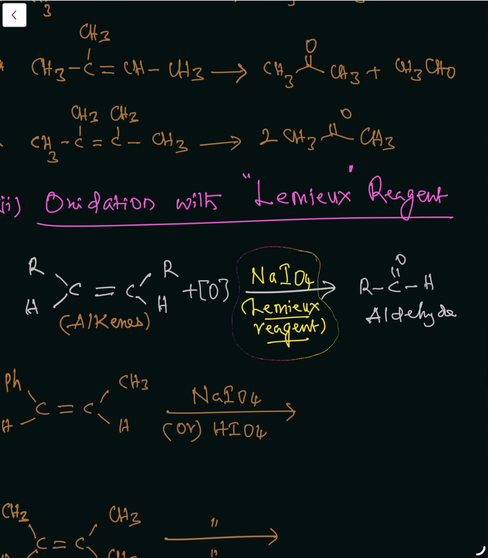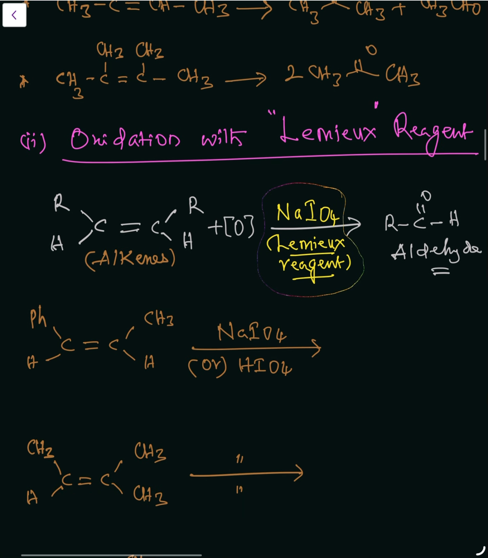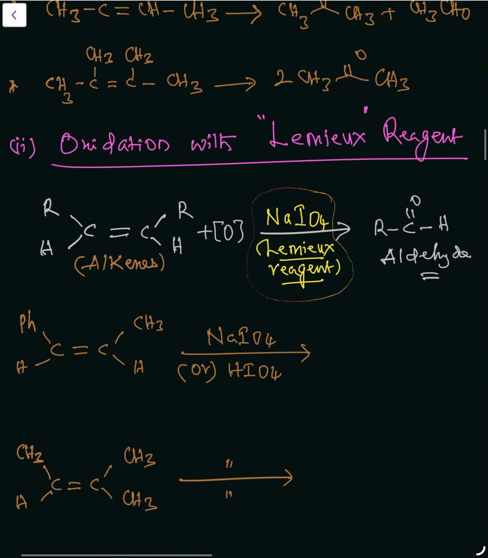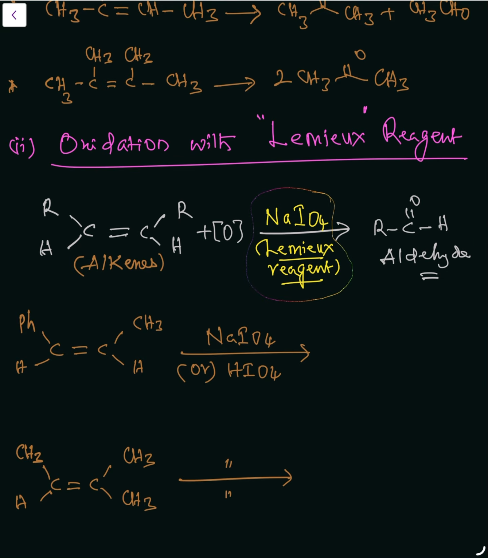That means alkenes on oxidation in the presence of Lemieux reagent give aldehydes as products. Now let us see some examples. In this case, PhCH=CHCH3 in the presence of Lemieux reagent, the product formed is benzaldehyde, that is PhC=O. Just remove the double bond and write the double bond on the 2 carbon atoms with oxygen, like this, CH3CHO.